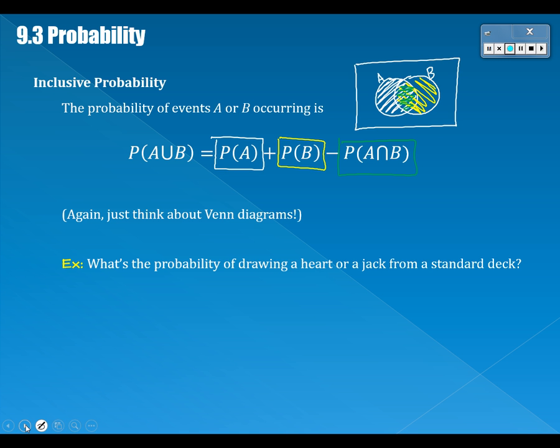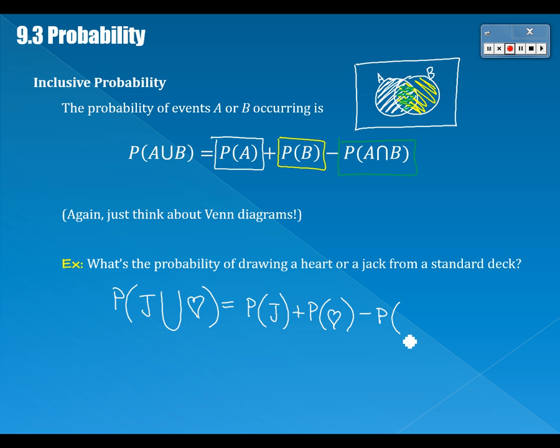What is the probability of drawing a heart or a jack from a standard deck? We draw one card, and what's the probability that it is either a heart or a jack? The probability of getting a jack or a heart is equal to the probability of getting just a jack plus the probability of getting a heart minus the probability of getting both.